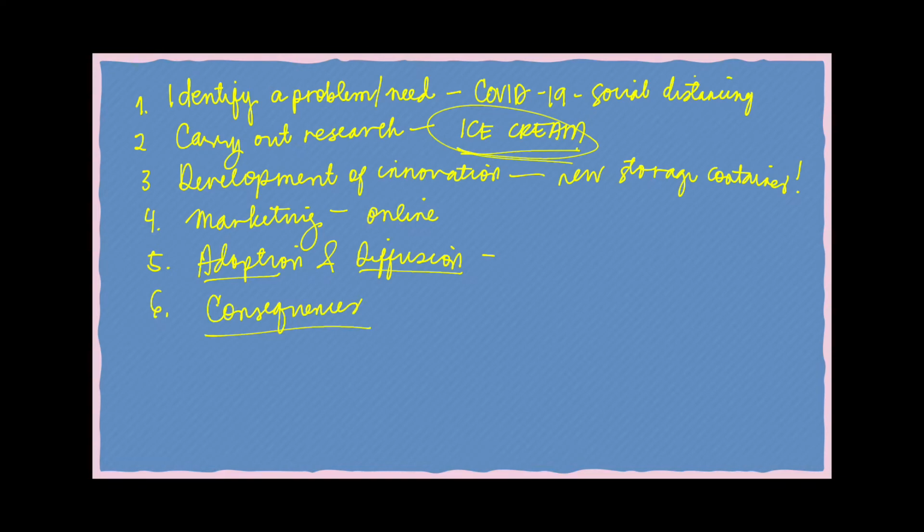And then finally, the consequences of that. When we look at consequences, you don't just look at how your ice cream has affected society. I don't think that will be something you'll be able to see in your specific ice cream business. But you take a step back and look at how the innovation in food delivery services has revolutionized the way we imagine food distribution, especially during the last 1 or more years of the COVID-19 pandemic.